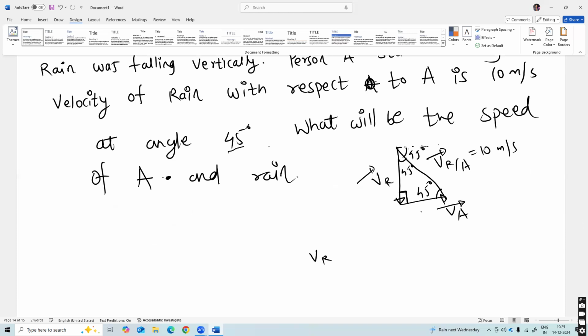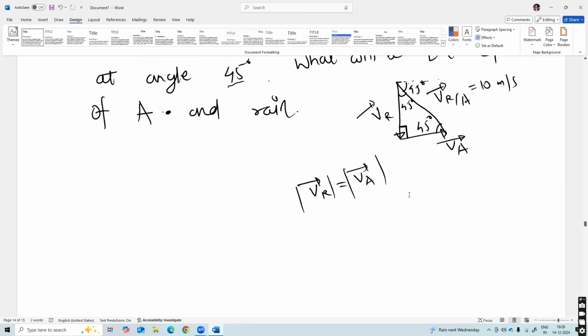So first thing which you have got from here is VR is equal to VA in terms of magnitude. Of course they have different directions, so their magnitude is equal. So if we have to find out V, relative velocity of rain relative to person, it will be square root of VR square plus VA square.